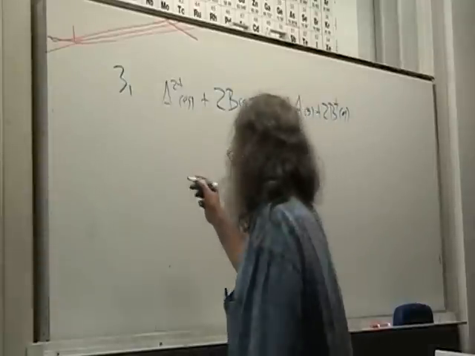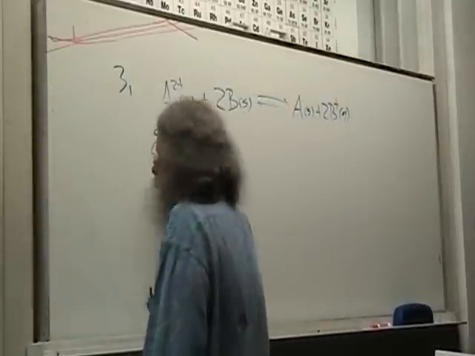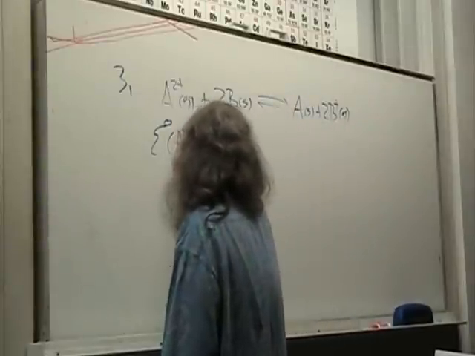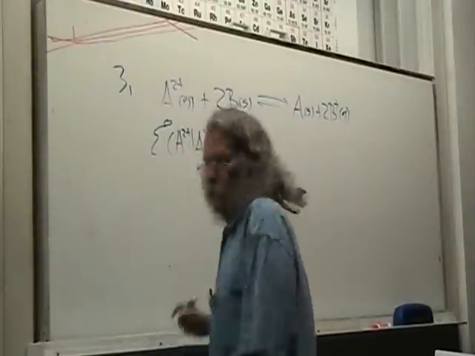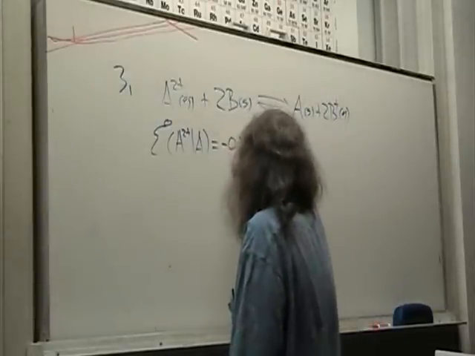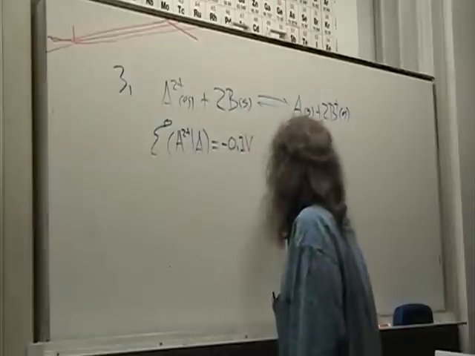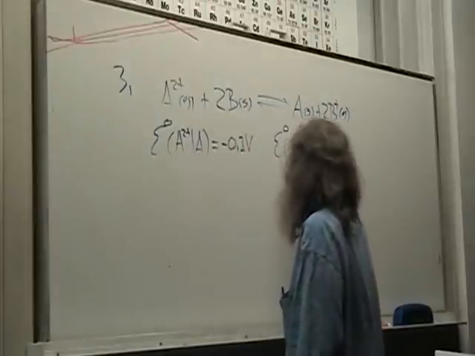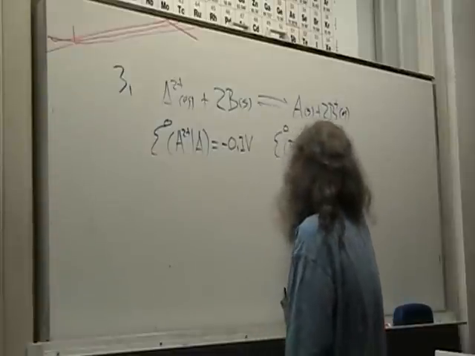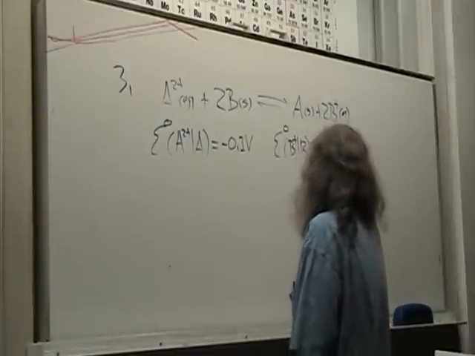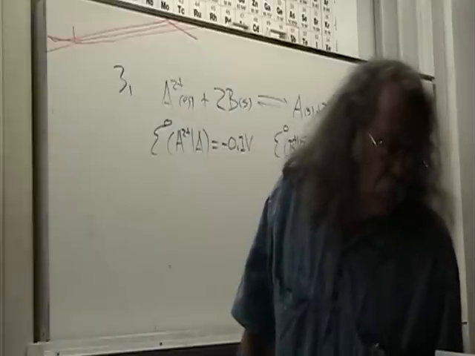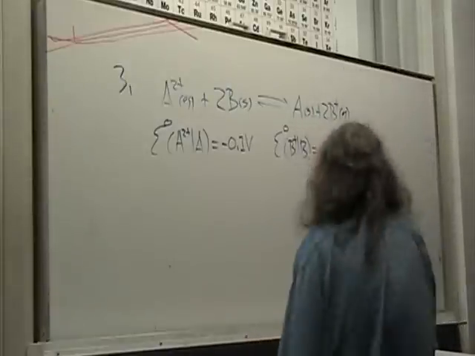And E naught of the A couple is equal to minus 0.1 volts, and E naught of the B couple equals minus 0.9.